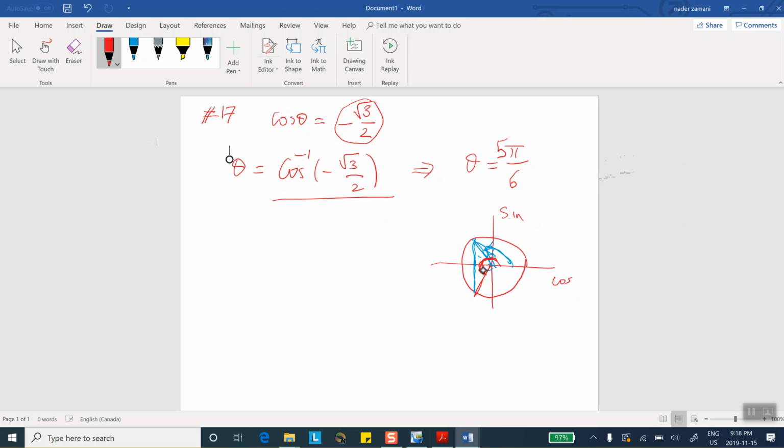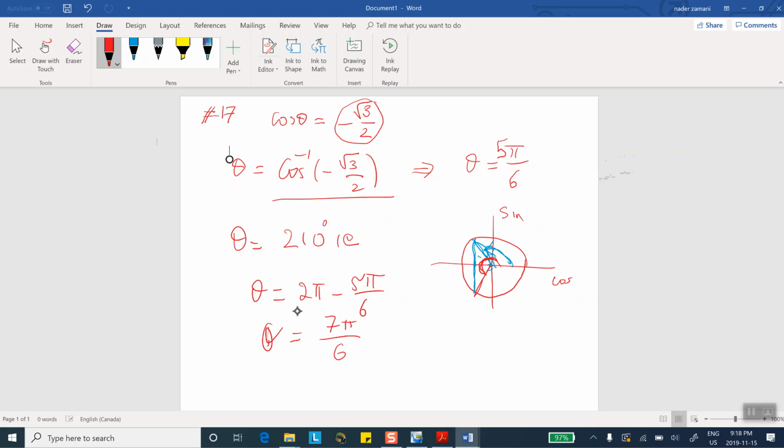Which means another solution, theta, in that same period is, if you look at that, well, let's see now, this is 150, so this is going to be 210, which means theta equal to 2 pi minus 5 pi over 6, and this is 7 pi over 6.